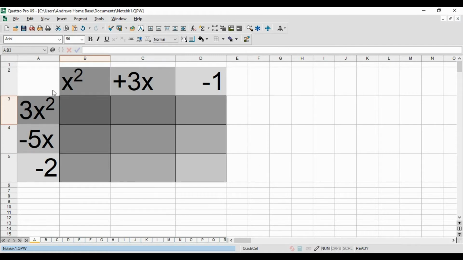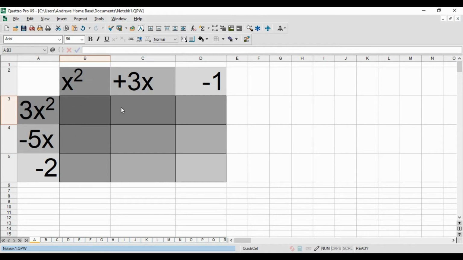This method is called the box method because we're going to divide our polynomials up into rows and columns. It doesn't matter which one you pick to go from, as represented in a row versus in a column. You can pick either one.